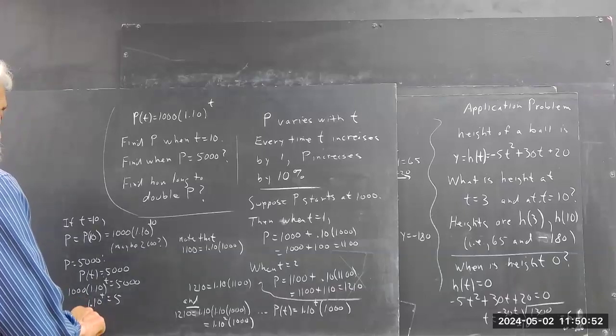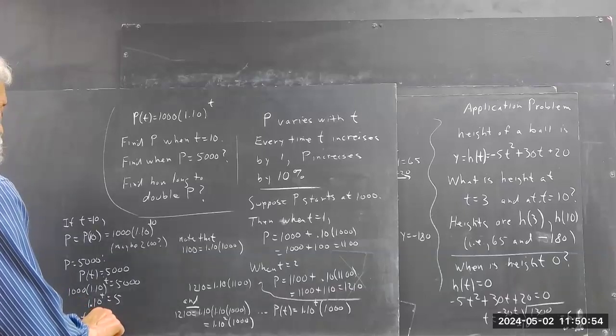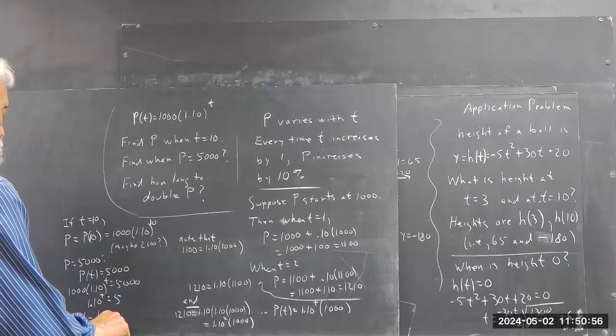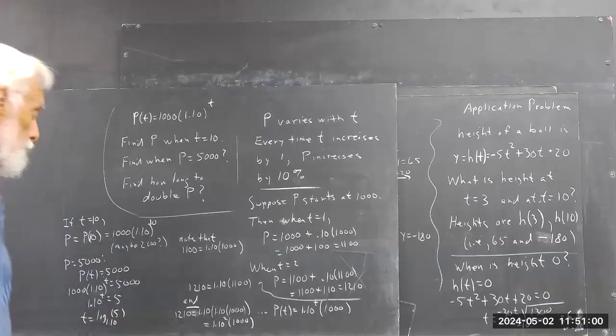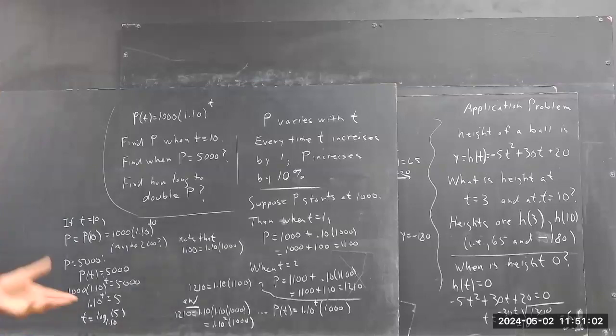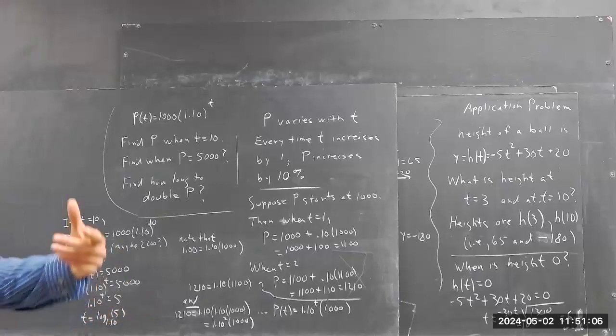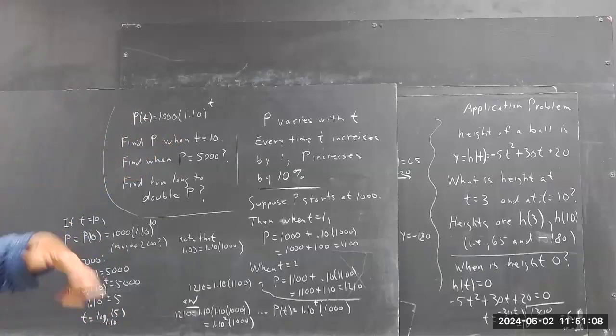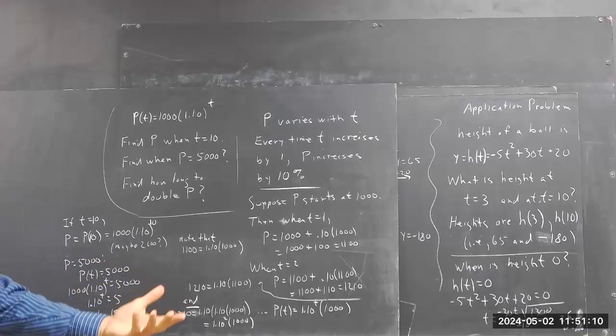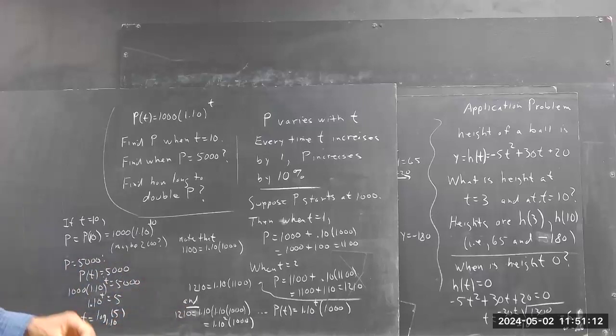So t equals log base 1.10 of 5. Now, I'm not going to belabor how you change exponential to logarithmic. We did a lot of that, and you know where to find that if you don't remember it. Just be sure you remember it when you take the test.